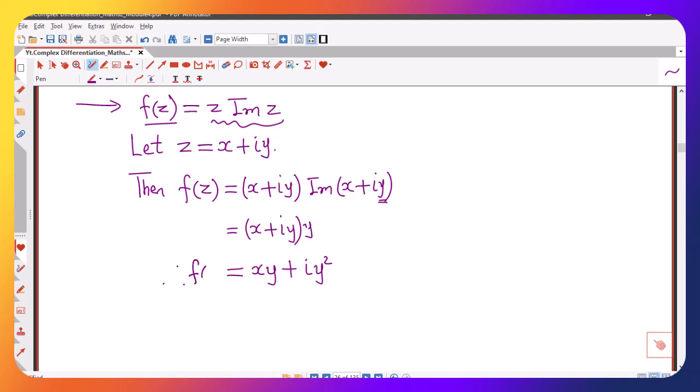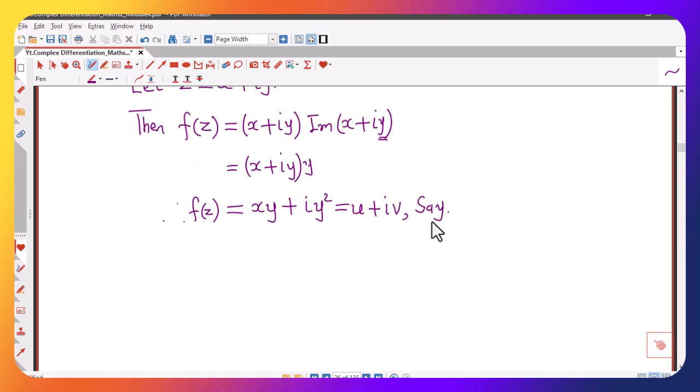So our f of z is written in this form, and if we compare with u plus iv, then we have u equal to x into y and v is y square.